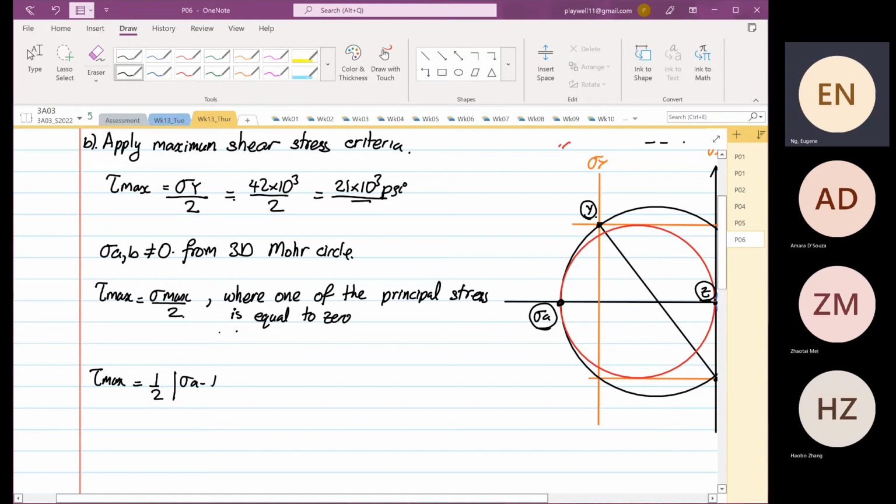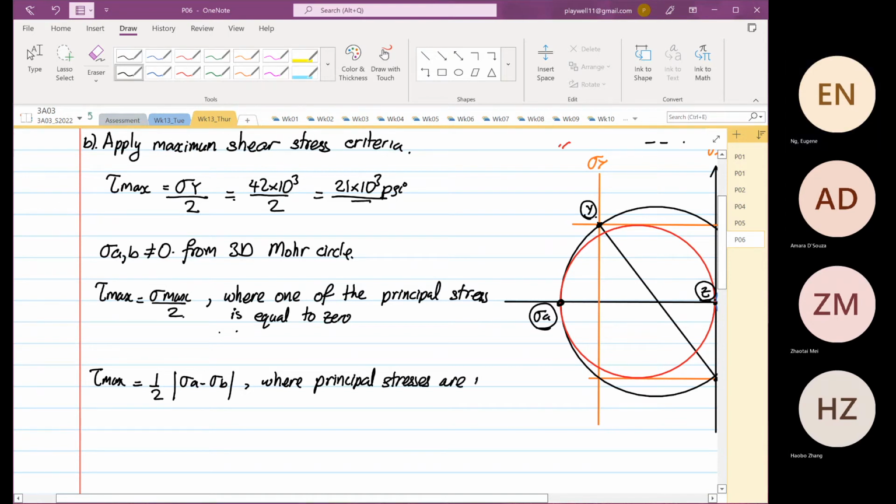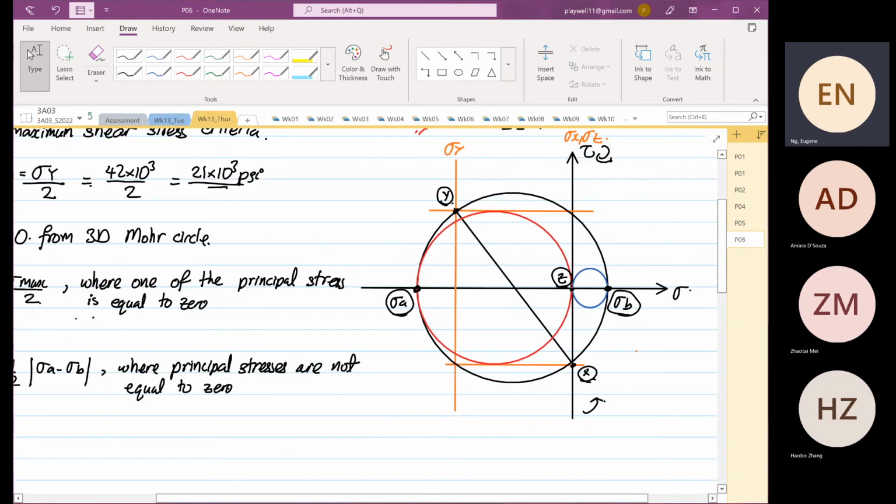We did this before on Tuesday. So it has to satisfy where the principal stresses are not equal to 0. Because the stress state is the same regardless of the criteria used, stress A and stress B are not equal to 0.